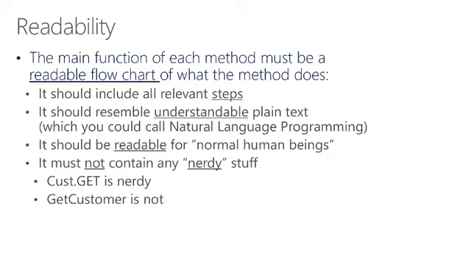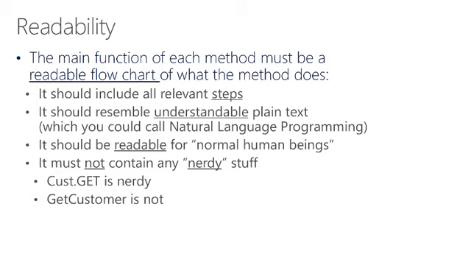Those steps, if we're talking about a business process, you should be able to create a flow chart for that business process. And the flow chart has boxes for each step in that process. So you can think about that main method as a representation of that flow chart. You should be able to take the business requirement, in which you should have a flow chart.